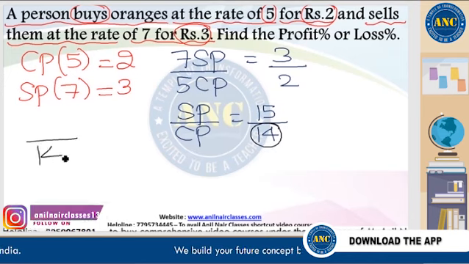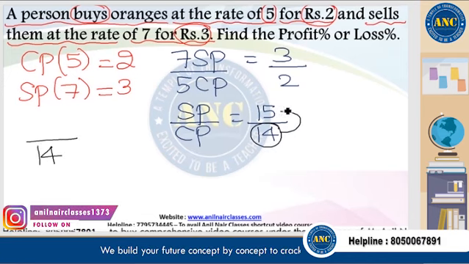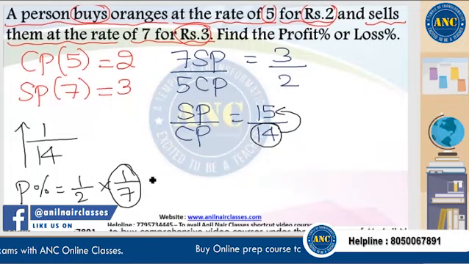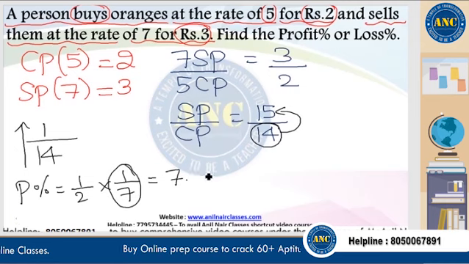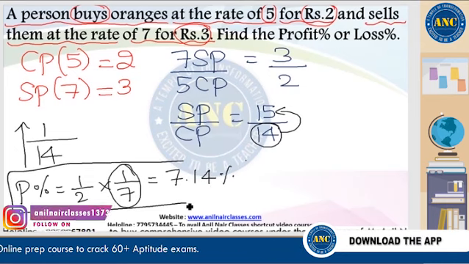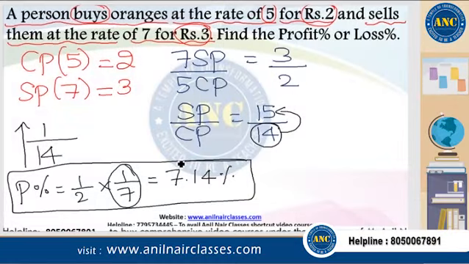Write down the same 14 in the denominator. 14 is becoming 15. That means there is an increase of 1. Increase represents profit percentage. 1 by 14 is 1 by 2 into 1 by 7. 1 by 7 is 14.28. Half of 14.28 is 7.14 percentage. Answer for this question is 7.14 percentage.